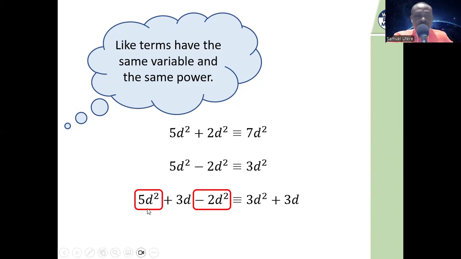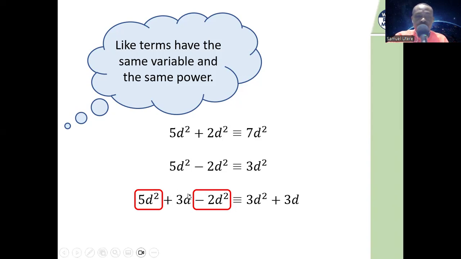So we can now see, have you also noticed the way we have circled the sign that goes with the coefficient before the letter, or with the variable? Let's start using the correct word, variable.